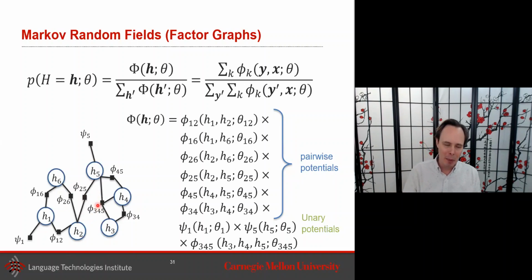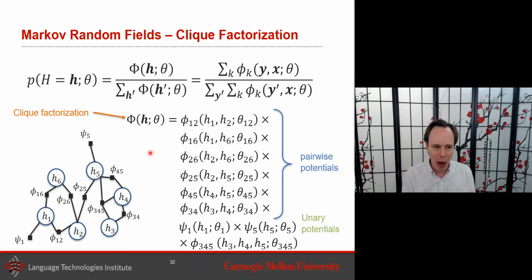So in the same network, I will have pairwise, I will have triplets, and it can be as complex as you want, although the function will become more complex. And I could also have unary, and the unary will make a lot more sense in a second when I start introducing observed variables. But let me come back to this one.